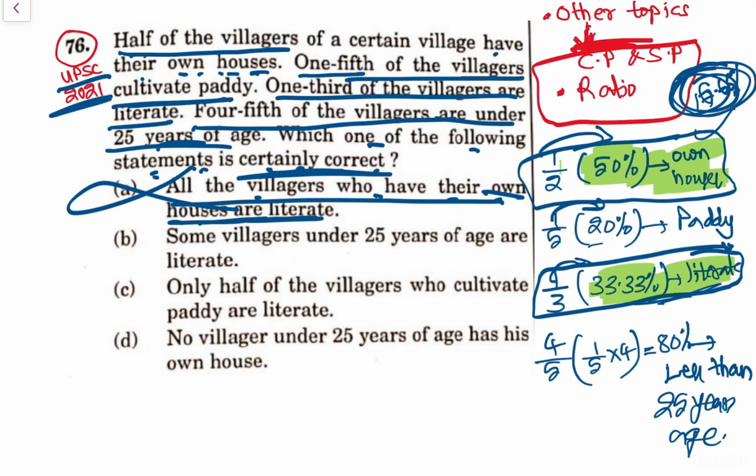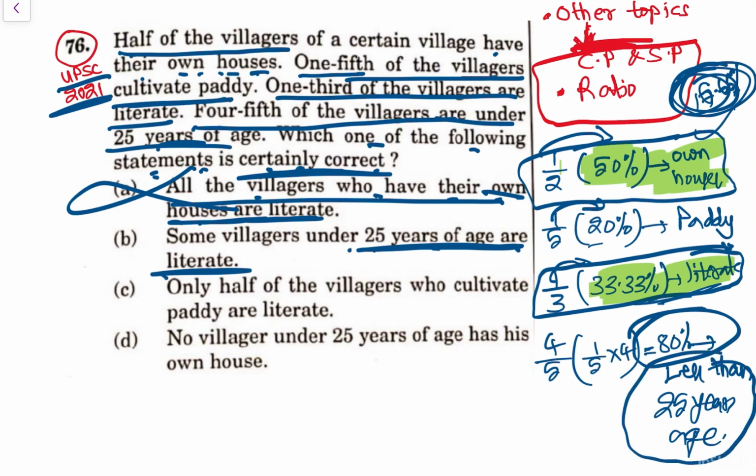Then again: some villagers under 25 years of age are literate. Less than 25 is 80%. ठीक है. 80% are less than 25. Literate population कितना है? 33%.